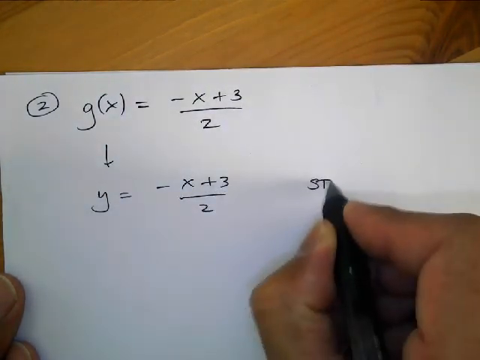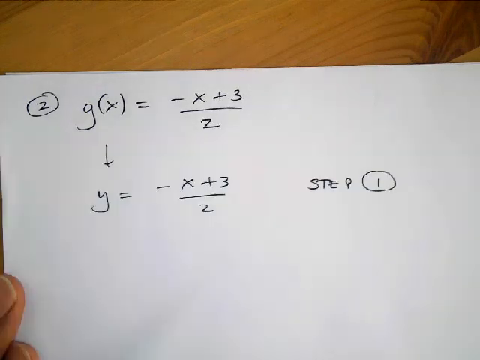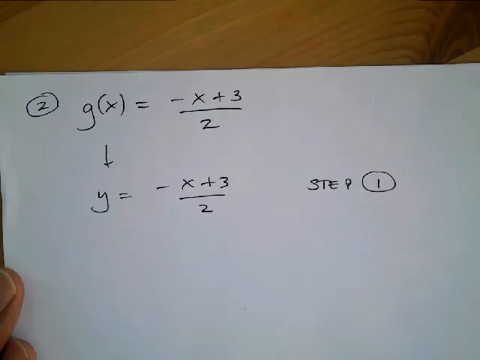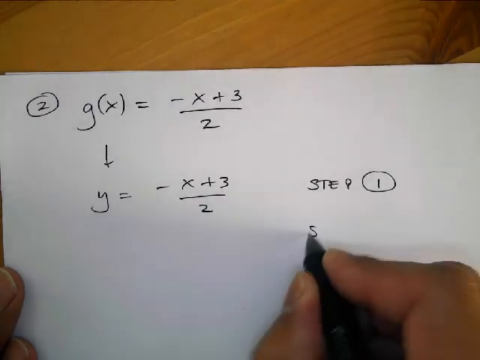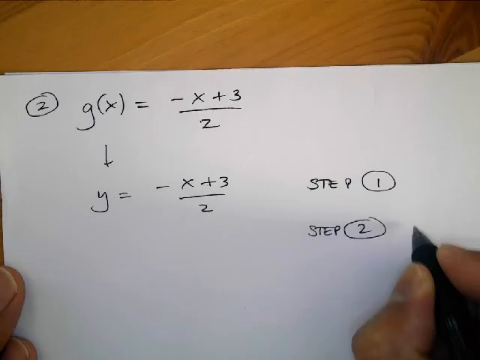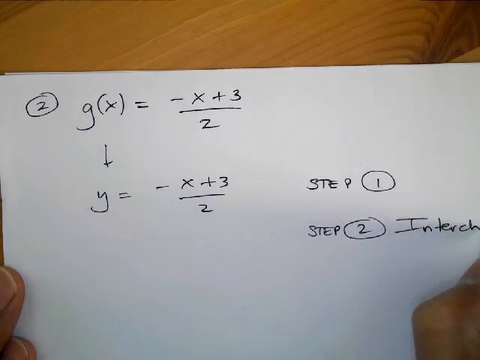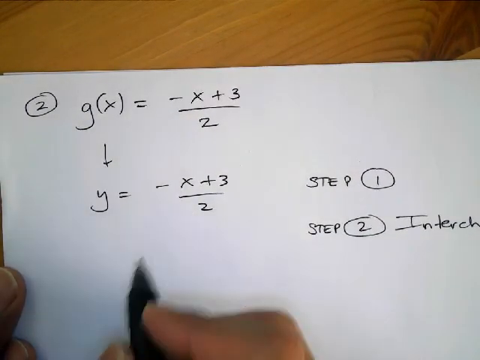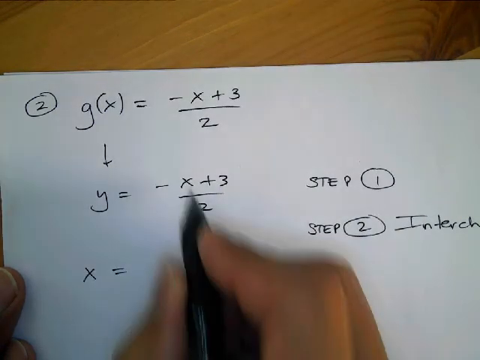Change this to y. Y is equal to negative x plus 3 over 2. That's step 1. Again, I explained that in the first example. And step 2 is your critical step. What is step 2? Step 2 is when you interchange the x and the y.